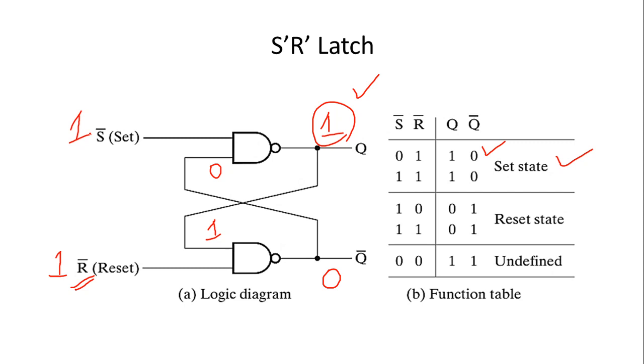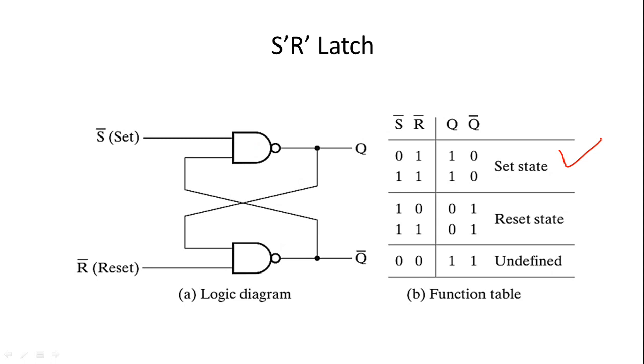So now 1 here, 1 NAND 0, so it was AND 0 and it would give 1 already here. 1 comes here, 1 NAND 1 0, and again 1 NAND 0 is 1. So for 1 1, it will hold the previous state, that was set state, just similar to our previous SR latch. So we have seen set state.